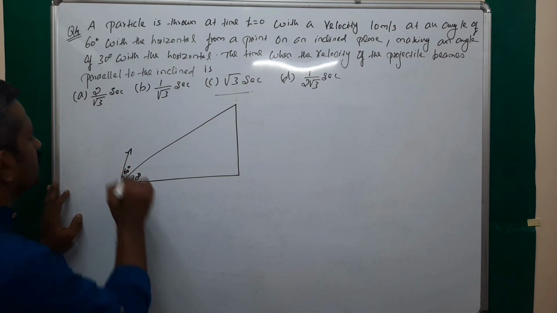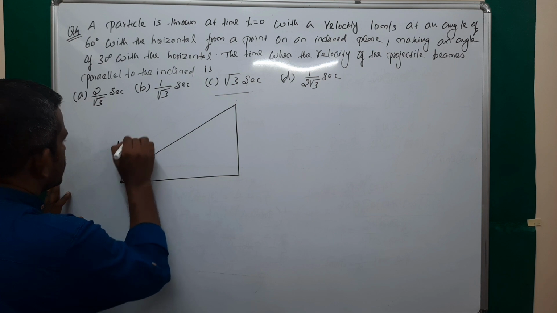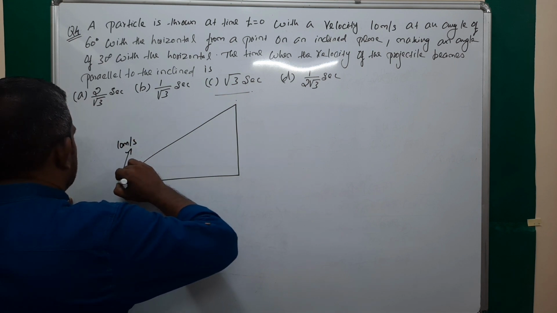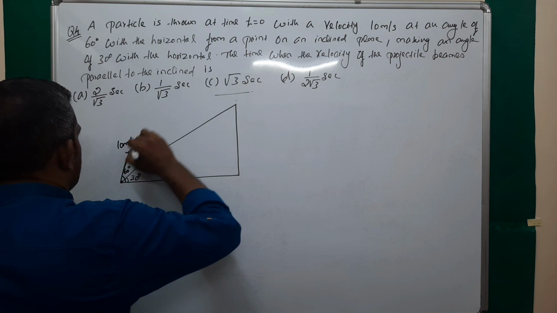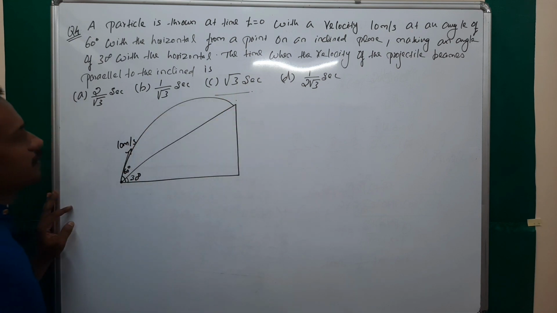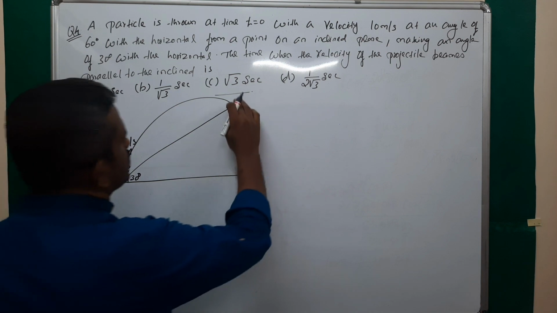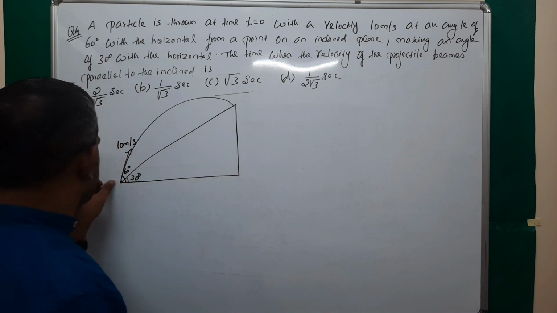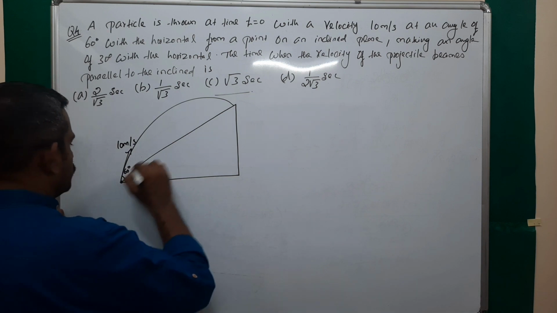The velocity is 10 meter per second. This is the trajectory of the projectile. So what are the components of this?